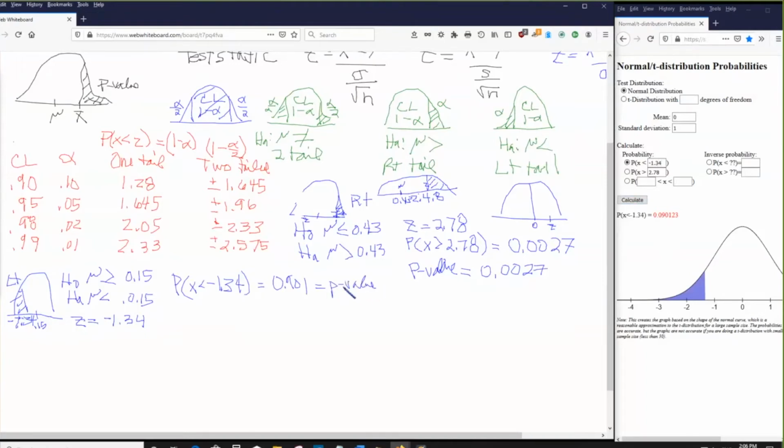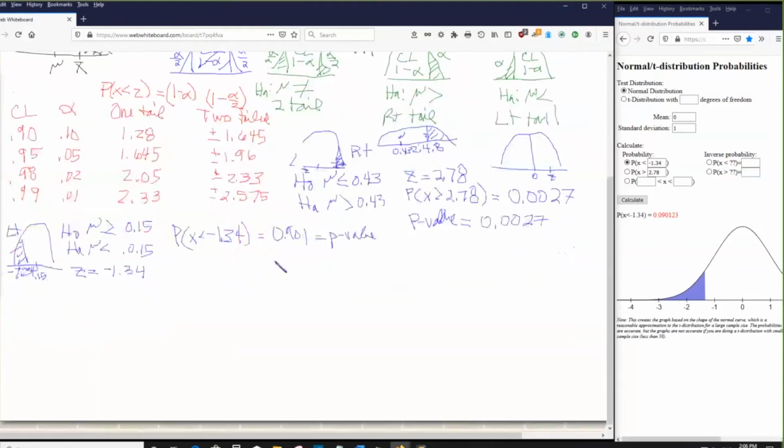Now, if I have a two-tailed test, then let's say my H0 is mu equals 100.